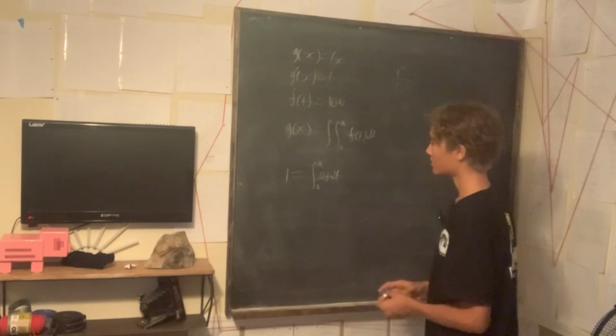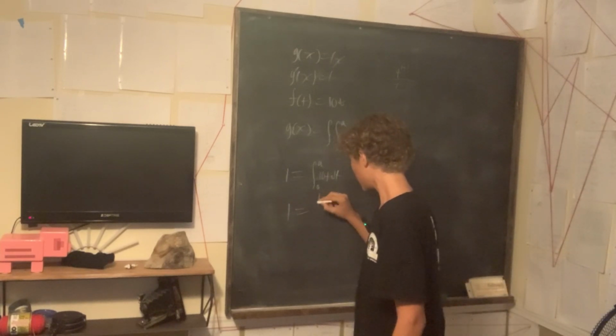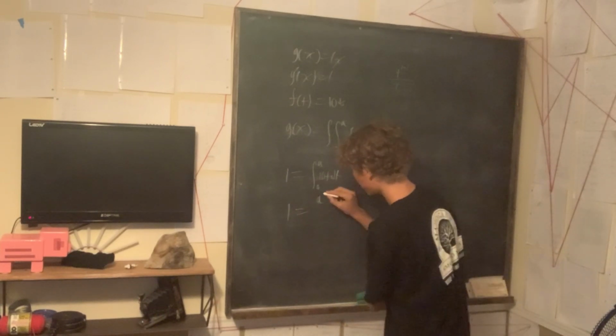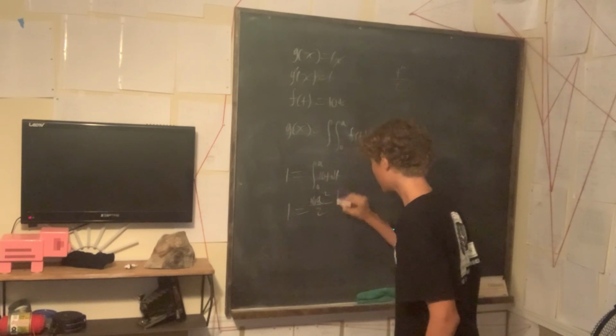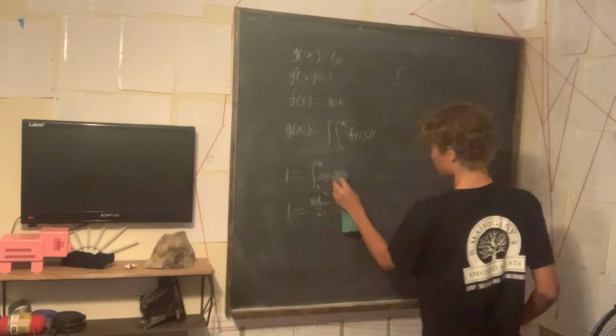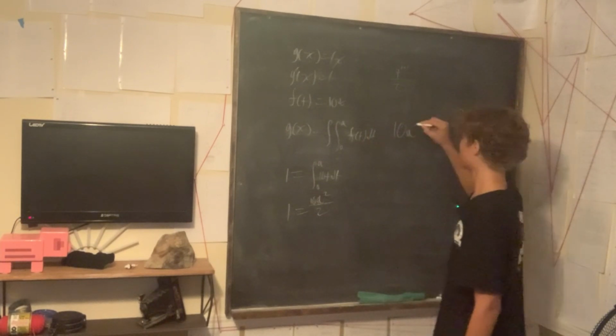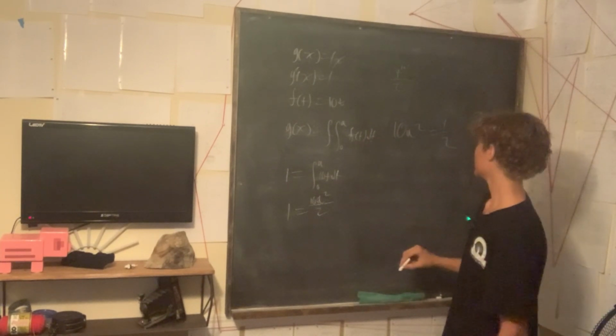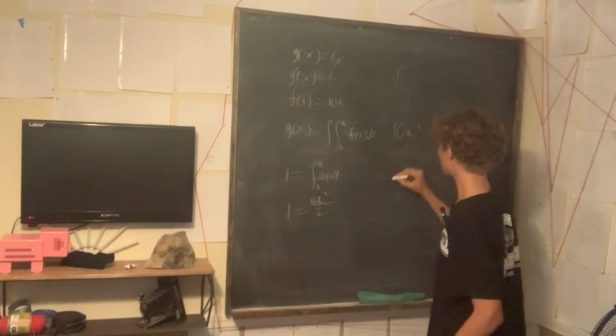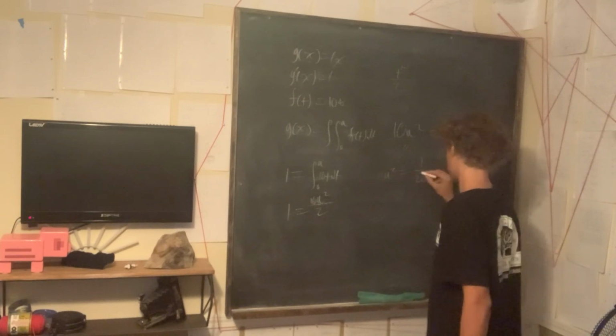So that means that 1 is equal to 10t squared over 2, ranging from 0 to a, and that's why a is plugged in. So 10a squared over 2 is equal to 1, which means a squared is equal to 1 over 5.